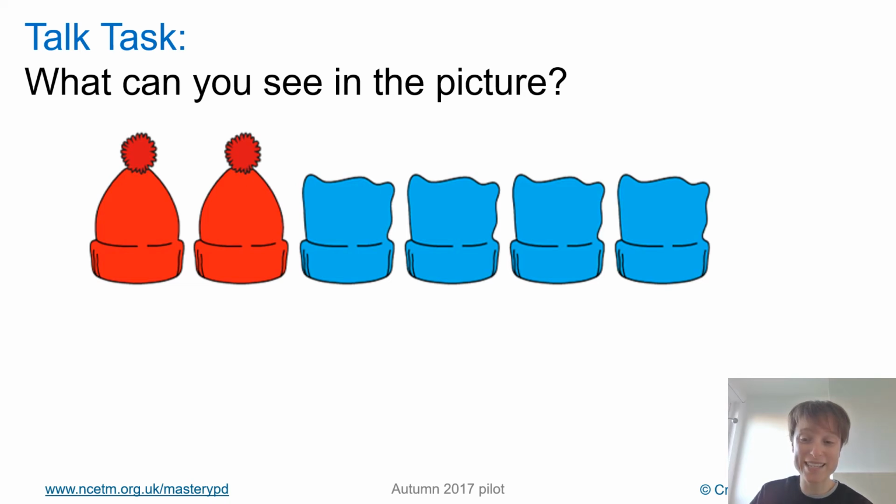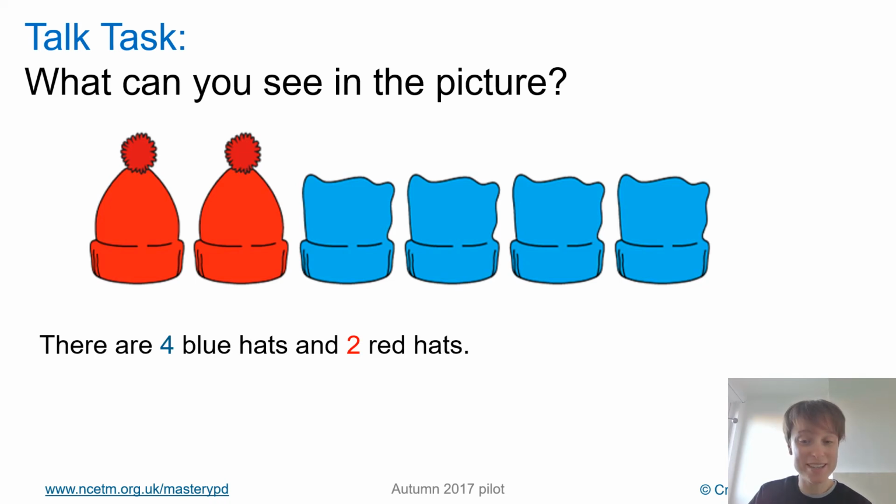Okay, let's say some sentences and see if you were right. Now we're saying the numbers in a slightly different order, aren't we? So, my turn first, and then you repeat the sentence when I'm finished. There are 4 blue hats and 2 red hats. Your turn.